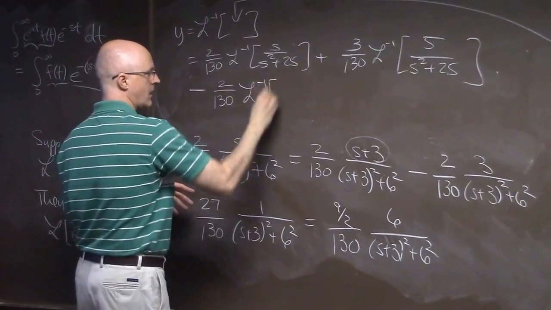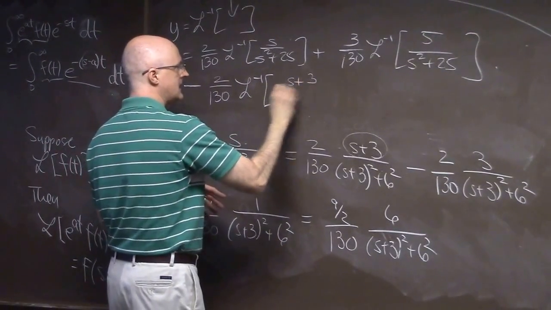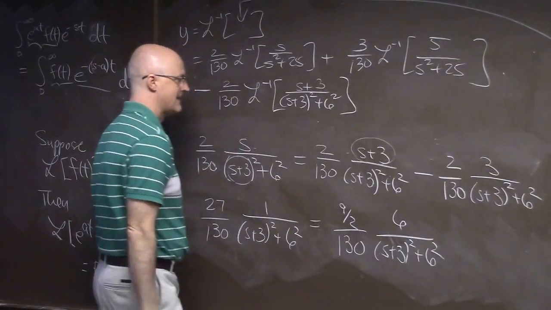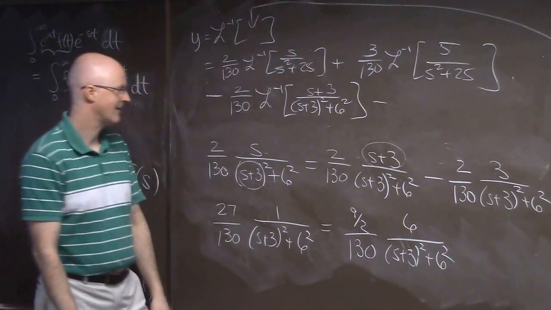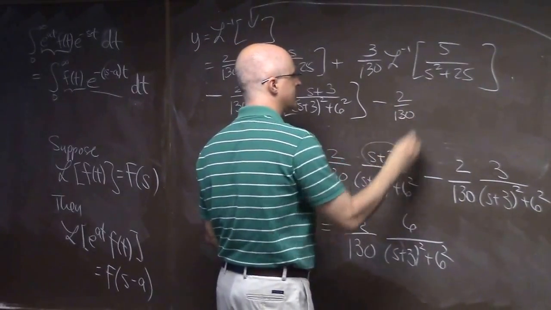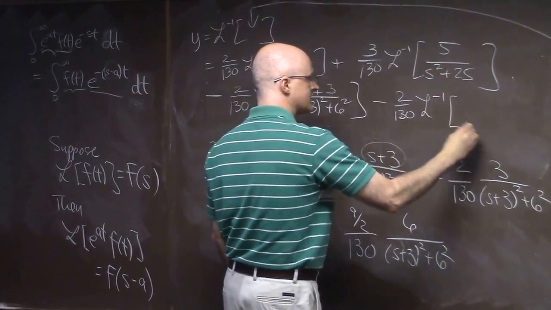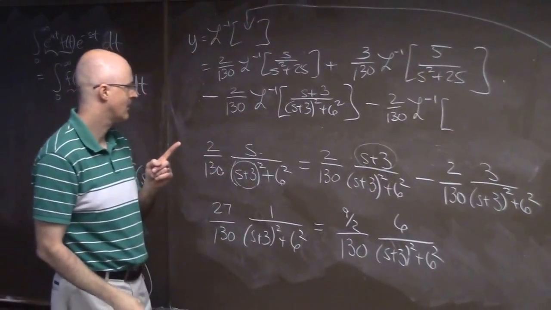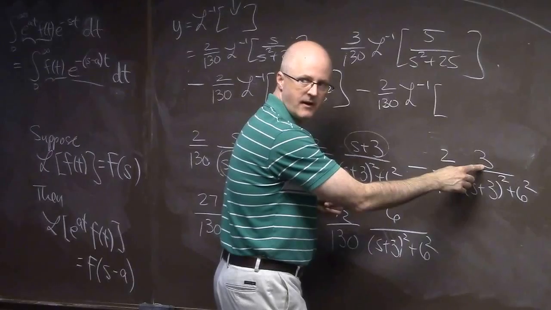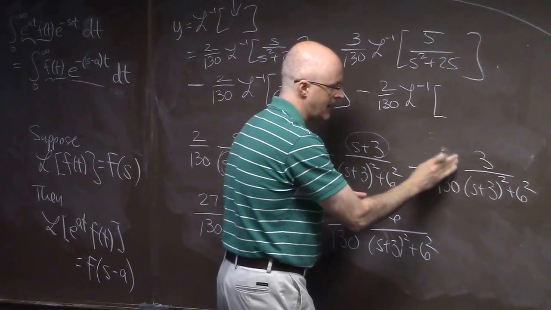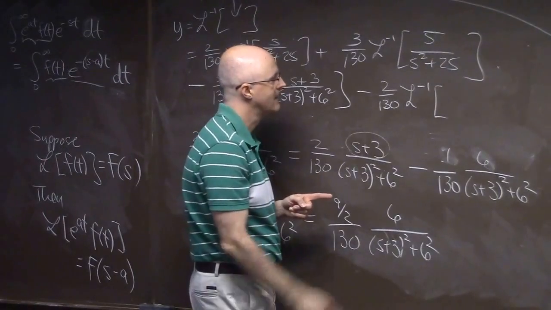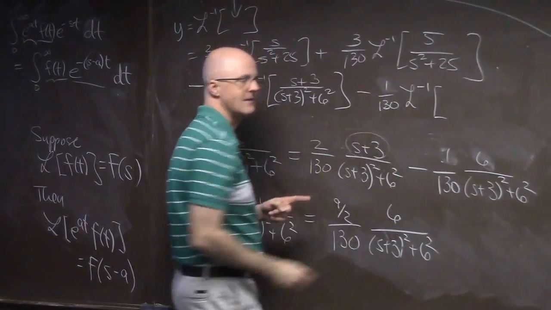Inverse Laplace transform of s plus 3 over s plus 3 squared plus 6 squared. Minus, again, a 2 over 130, which again can be reduced to 1/65. Inverse Laplace transform. One more place to be a little careful here. Really want a 6 up there. Let me go ahead and make 2 times 3 be 1 times 6. Make this a 1 here.